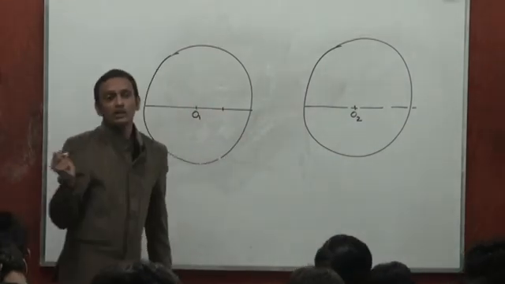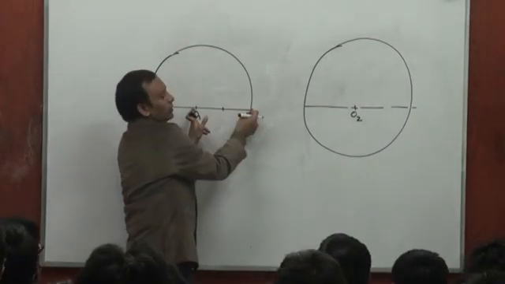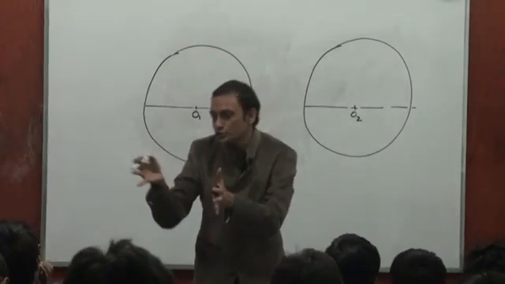So this auxiliary circle would be of the same radius, equal to the amplitude of motion.